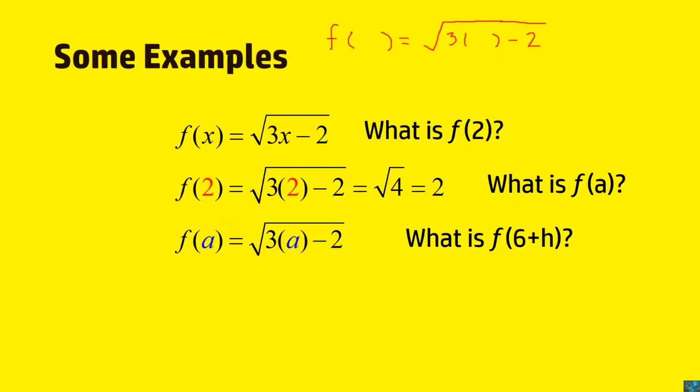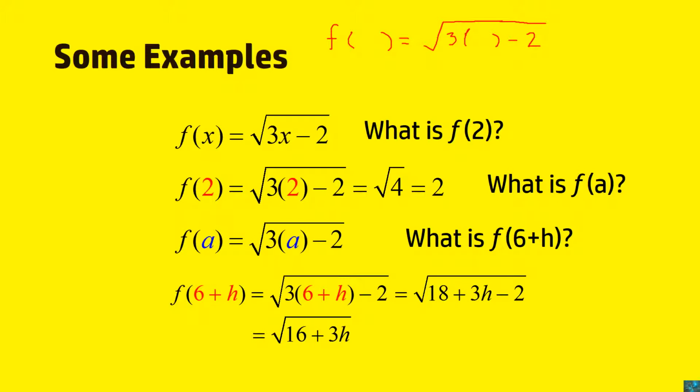Well, now that thing is 6 plus h. So inside these parentheses we're going to have 6 plus h. And that's going to get tripled, which is 18 plus 3h. The result subtracted from by 2, the result square rooted.